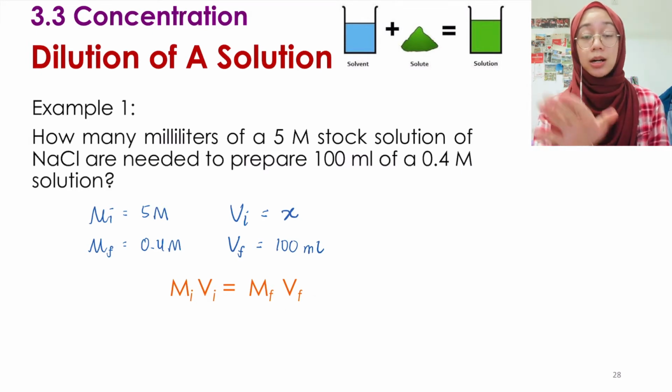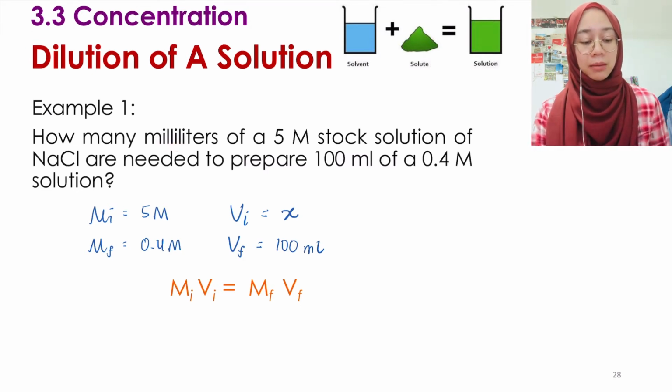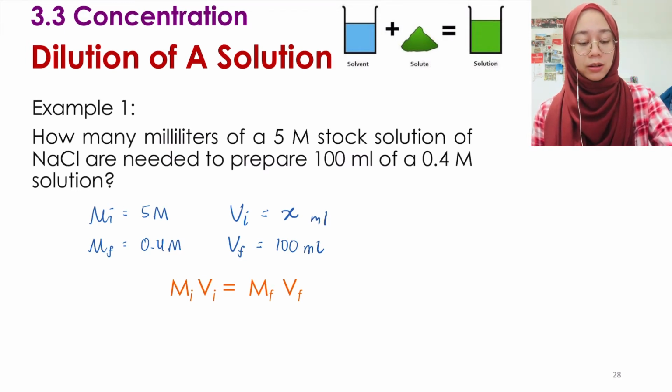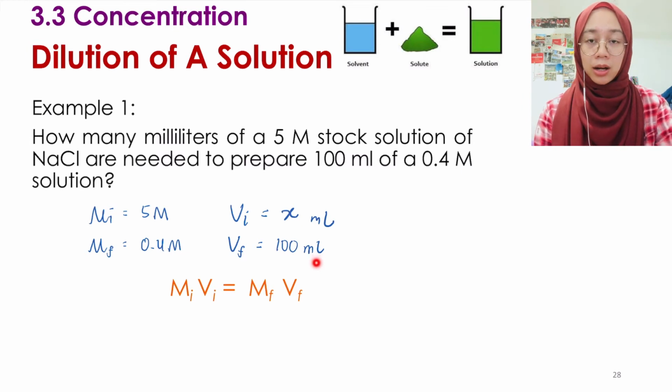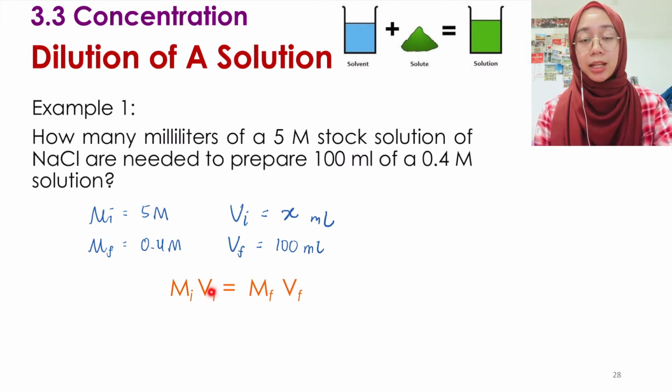Kalau kamu tukar, both sides kena jadi liter. Tapi in this case, sebab soalan tanya how many milliliters untuk volume initial ni, tak perlulah tukar. Volume kat sini kamu guna je mililiter, so automatically volume yang dekat sebelah kiri ni nanti pun akan jadi dalam mililiter juga.